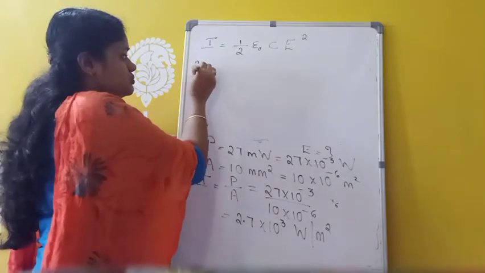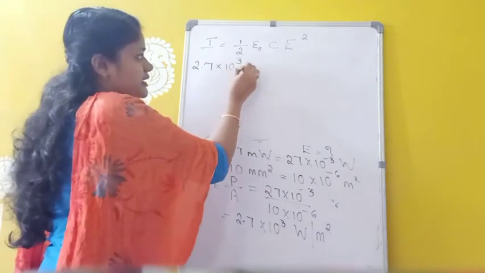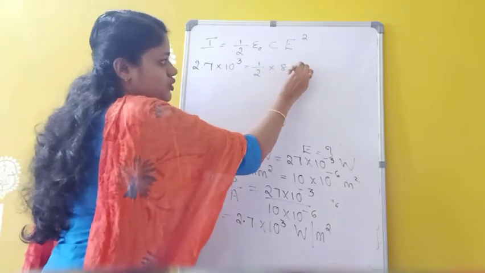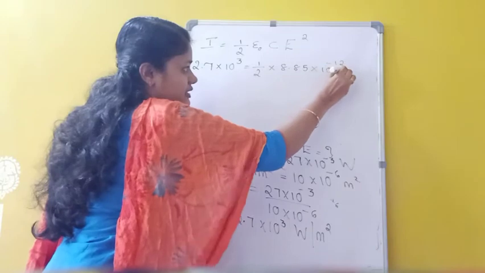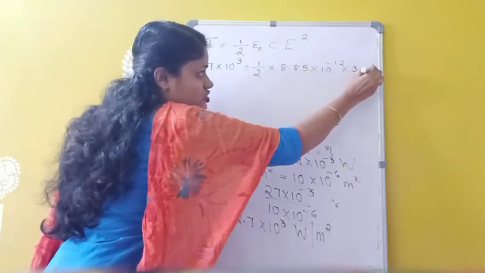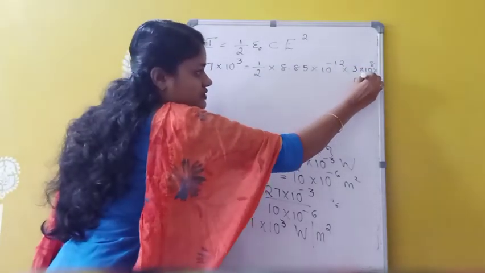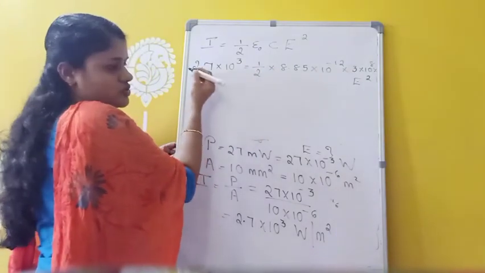So we will be getting 2.7 into 10 raised to 3 equals half into epsilon 0 value, 8.85 into 10 raised to minus 12, into C value, 3 into 10 raised to 8, into E square, which we don't know. So we have to find this E square. I am cross multiplying here.